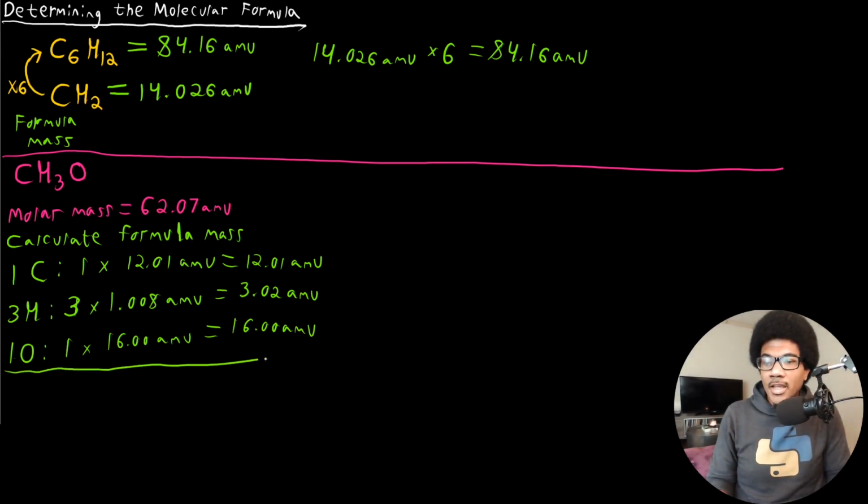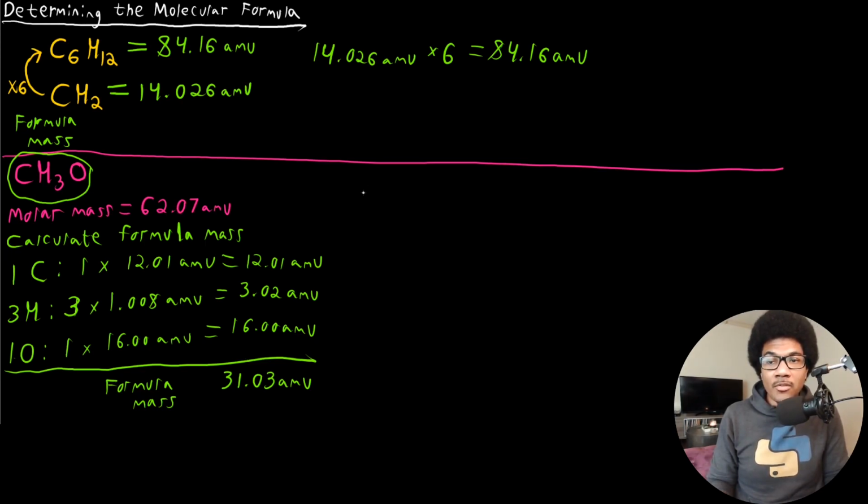Again, this is coming from our empirical formula: just 1 carbon, 3 hydrogens, 1 oxygen. So our formula mass is going to be 31.03 AMU. The mass for our empirical formula is 31.03 AMU. In order to establish the difference between the molecule that produced this molar mass and our formula mass, we just divide them.